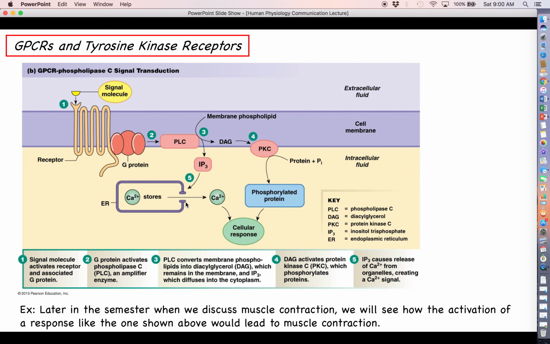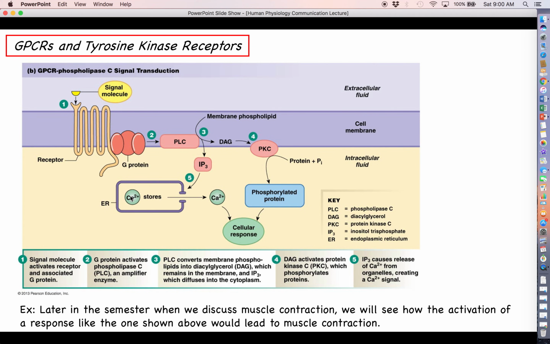IP3 here can go to the endoplasmic reticulum and release a lot of its stored up calcium, and calcium there can act as a second messenger itself. If you'll recall back in Chapter 3, we briefly mentioned how the endoplasmic reticulum, in addition to its functions in synthesizing proteins and lipids, also acts as a big reservoir for calcium. So now you can see a little bit of the payoff for that.